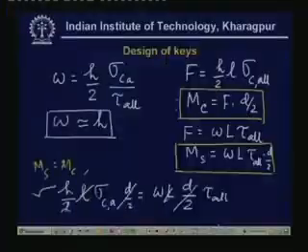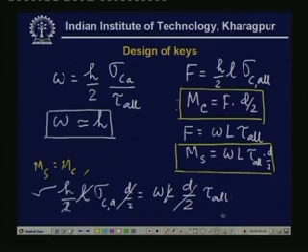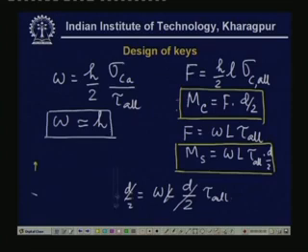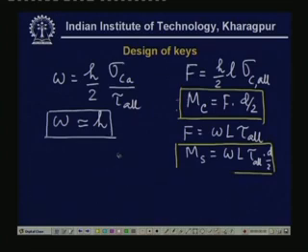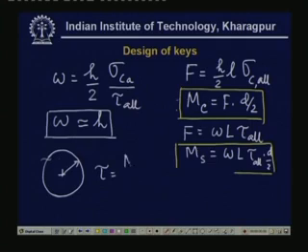Then the strength of the shaft is taken to be the following, that is the maximum torque that can be transmitted. If you consider this shaft, then tau is M divided by pi by 16 d cube.